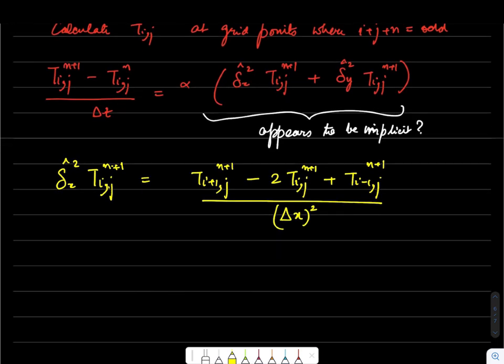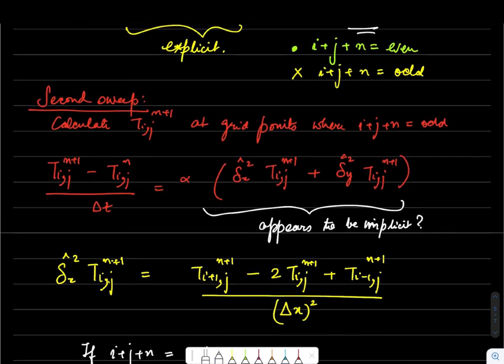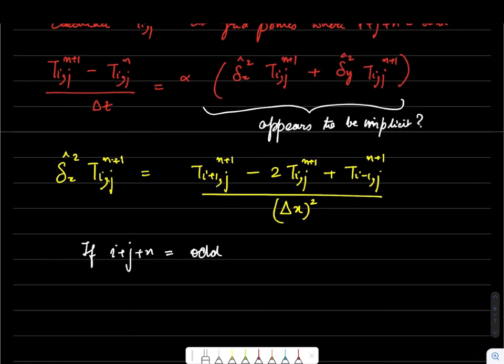Now note that if i plus j plus n is odd, which is what we are doing in the second step, we are calculating only when i plus j plus n is odd, which would mean that i plus j plus n plus minus 1 should be even.